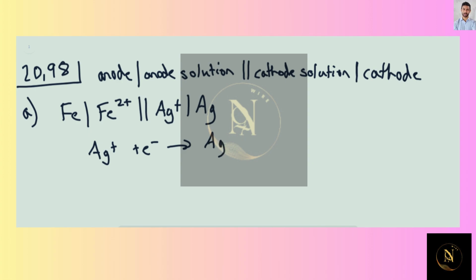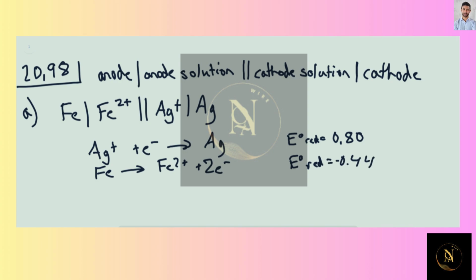Then we can write the oxidation reaction where we have Fe going to Fe2 plus, plus 2 electrons. And the reduction potential for the silver reaction is 0.80, and for the iron reaction is negative 0.44. So to write the overall cell reaction, we can add these up here.